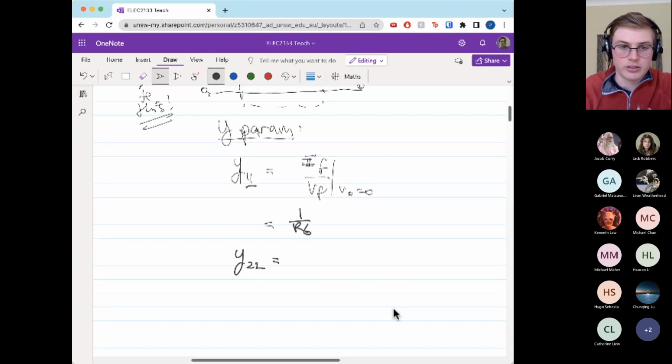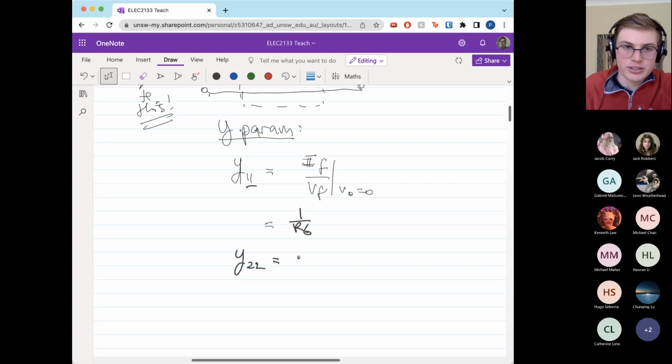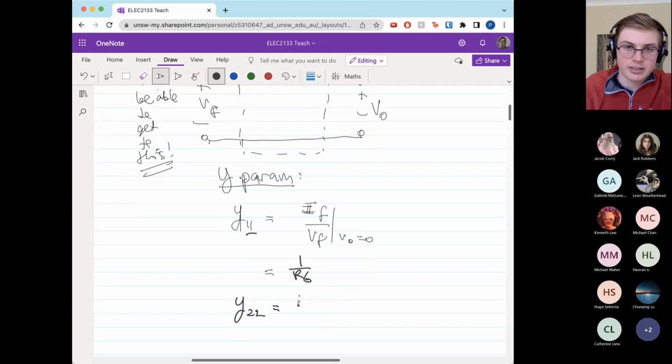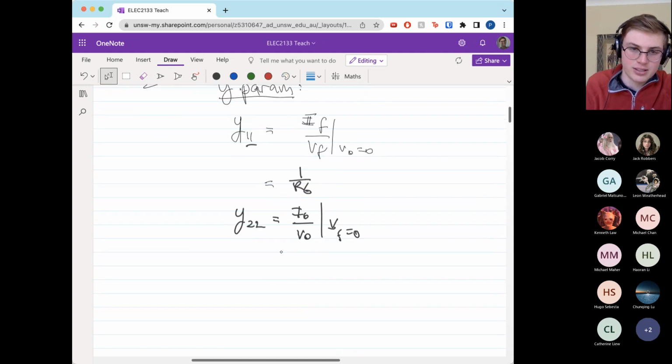Is really important. So Y22 is again the exact same thing. It's going to be I0 on V0 when Vf is 0. Sorry, it's not very neat. Which is going to be our 1 on RF again. Sorry, R6.